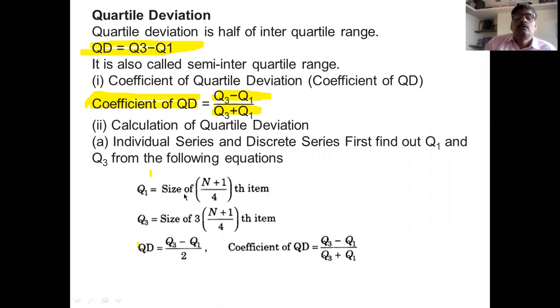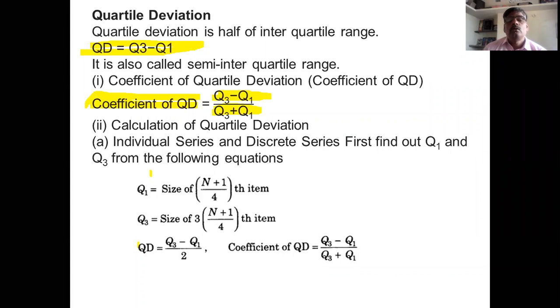Q1 is equal to the (n plus 1) divided by 4th item. Q3 is equal to 3 times (n plus 1) divided by 4th item. You put the value.